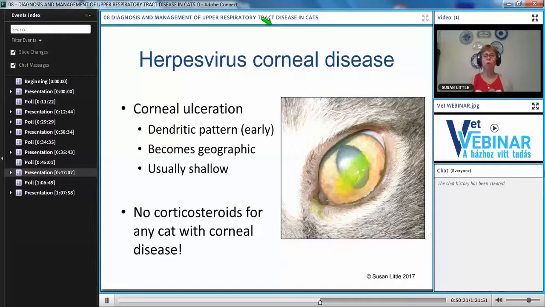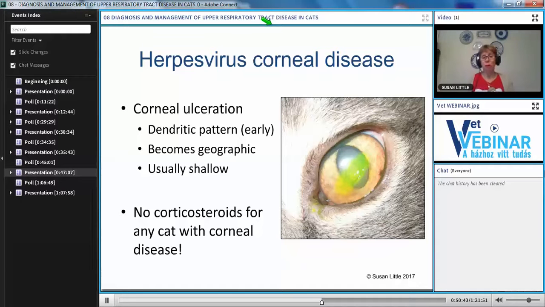It's a good rule of thumb to hold off on corticosteroids because corneal disease and conjunctival disease in the cat is so likely to be viral. And of course, if we have corneal disease, we'll impair the local immune response and we may make the disease worse. So we never want to put steroids in the eyes of those cats.